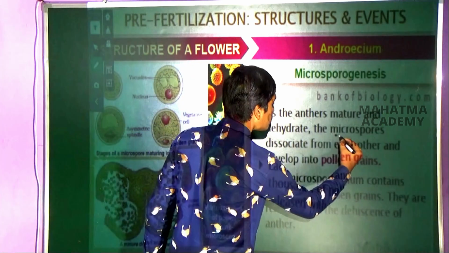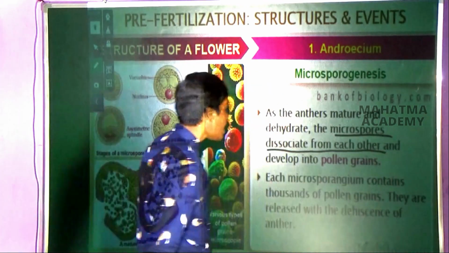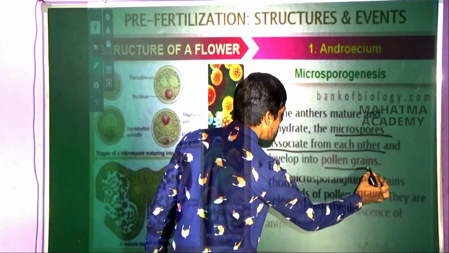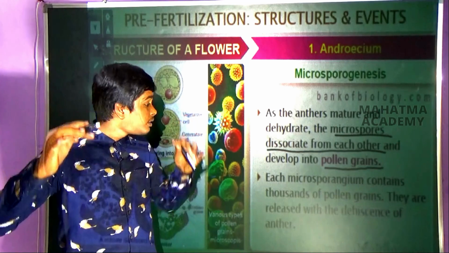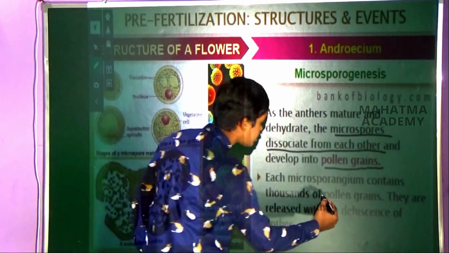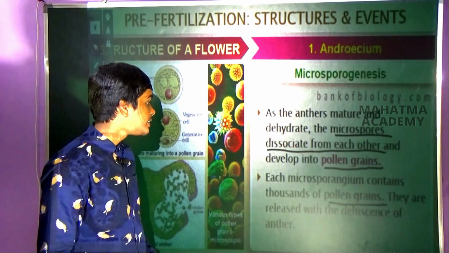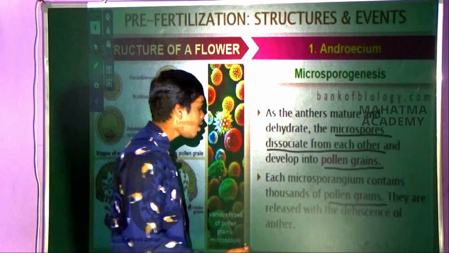So microspores dissociate from each other and develop into pollen grains. Each anther will produce thousands of pollen grains. They are released with the dehiscence of the anther.